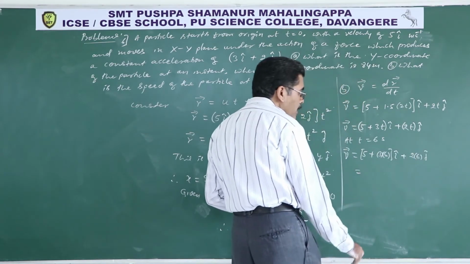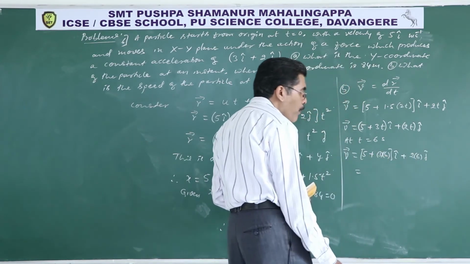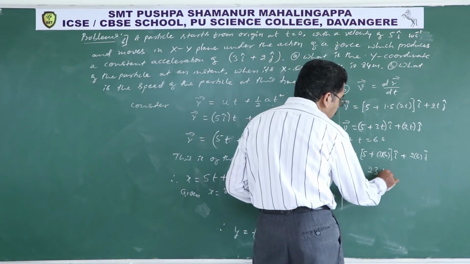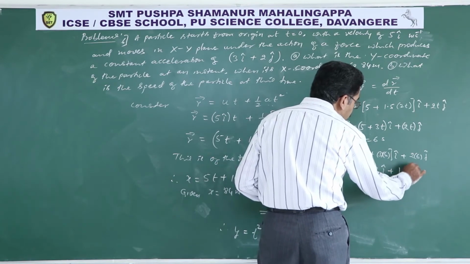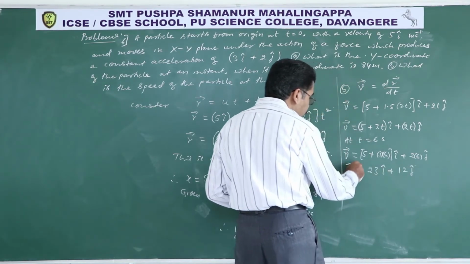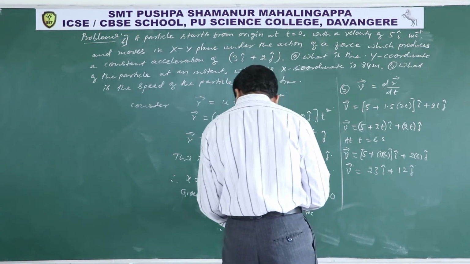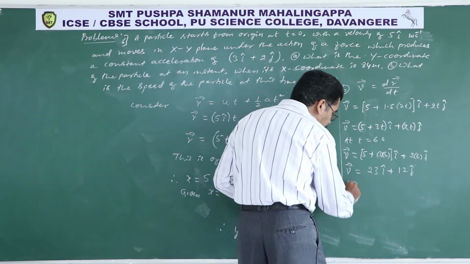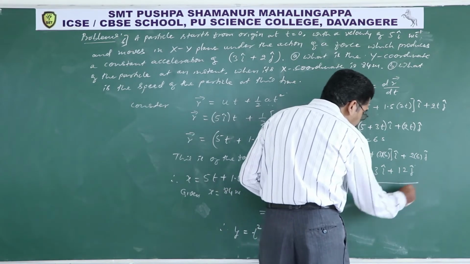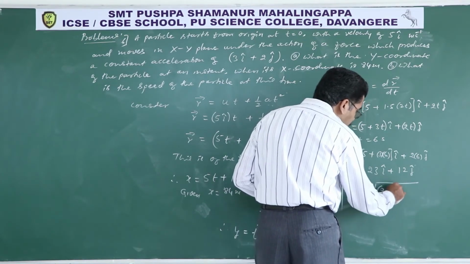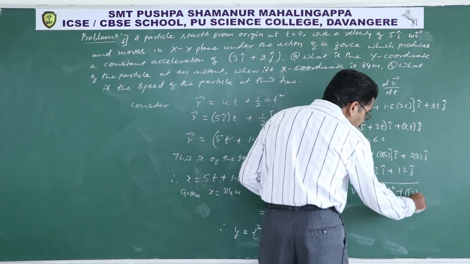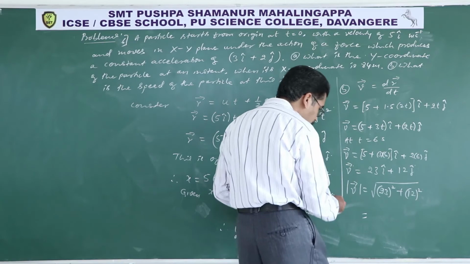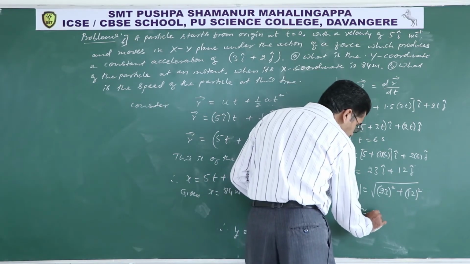This is 18 plus 5, 23 into i cap plus 12 into j cap. When you want to calculate the magnitude of this velocity, magnitude of v is given by square root of 23 square plus 12 square, v x square plus v y square. On simplification, you are going to get approximately 26 meter per second.